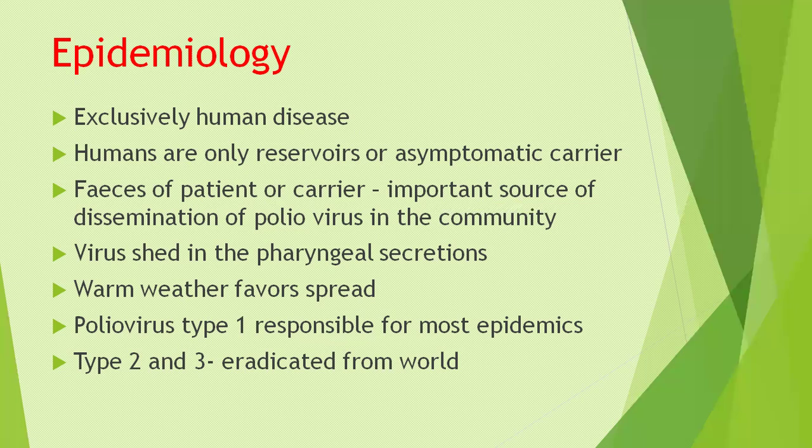Not only that, this virus is also shed in pharyngeal secretions, and warm weather favors the spread of the virus. As we discussed, poliovirus type 1 is responsible for most of the epidemics, and type 2 and type 3 have been eradicated from the world.